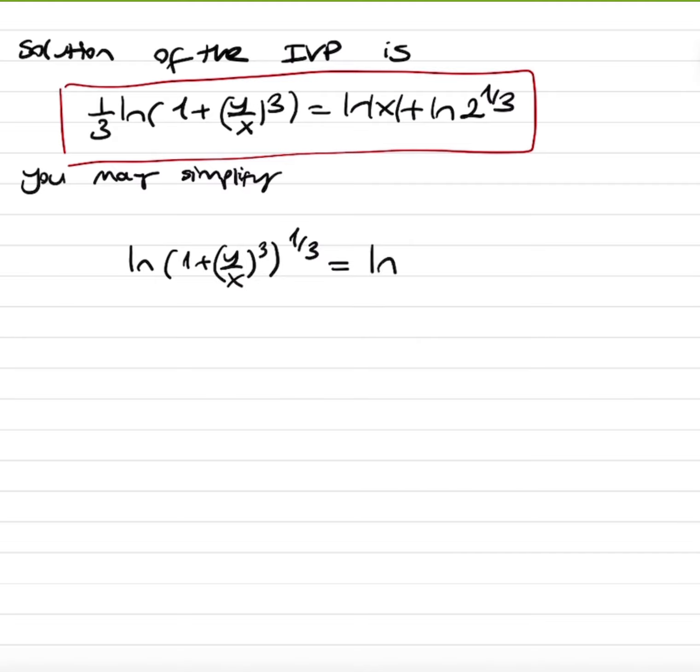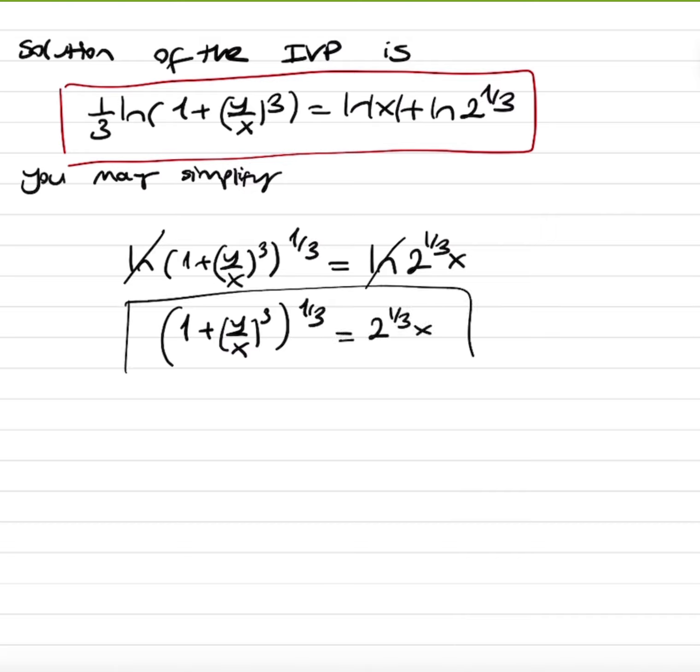So this is a plus, we can write it like this in a multiplication form. And then we can cancel the ln functions. So this is also okay.